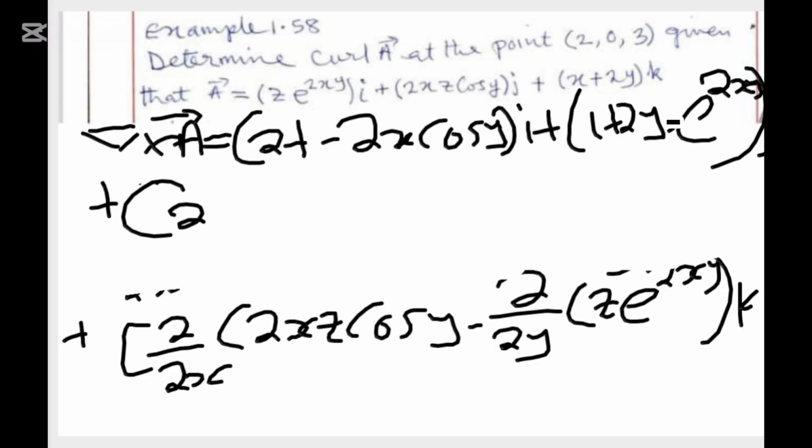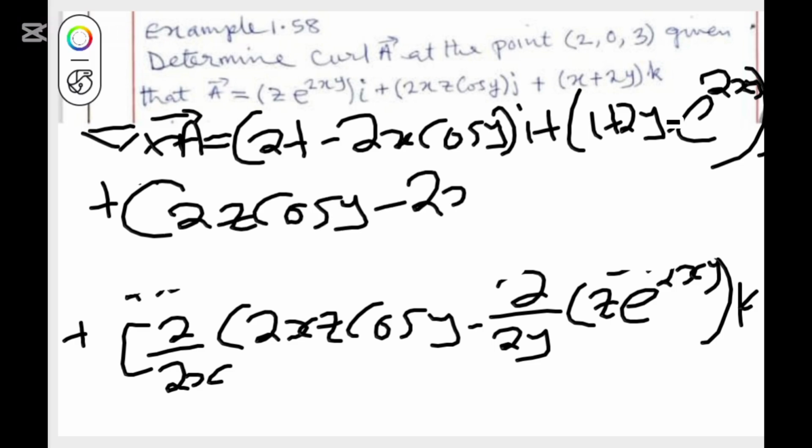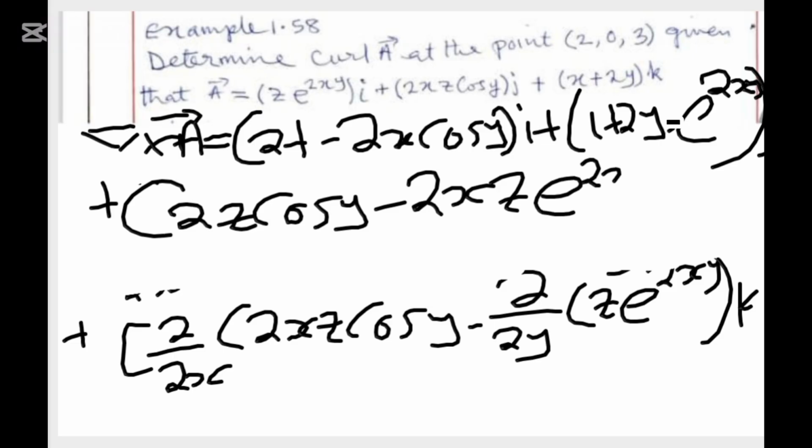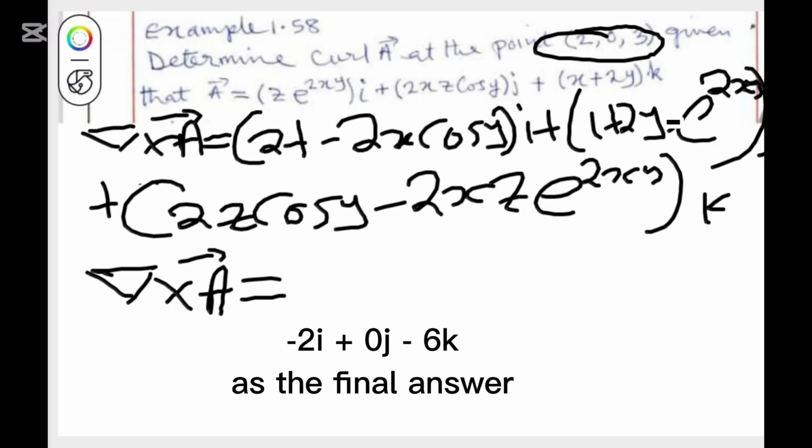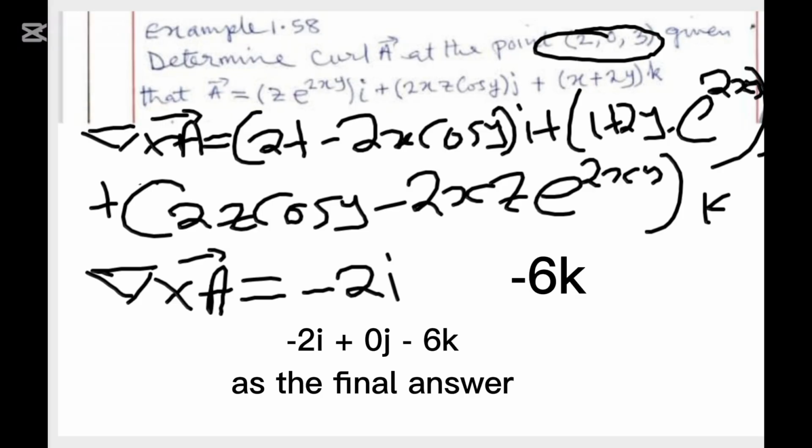Also for the value of k, which is 2z cos y minus 2xz e to the 2xy k. Also at last del cross A is the same thing as after inserting the point 2, 0 and 3. So this should now become negative 2i plus 0j.